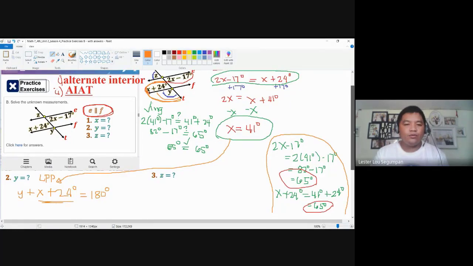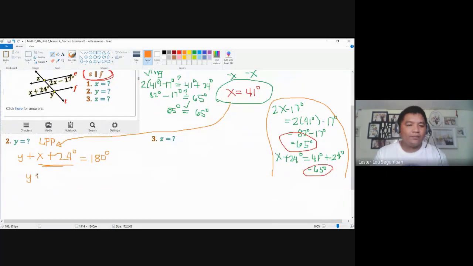So if we're going to do that, we only have y plus 65 degrees is equal to 180 degrees. Now we are left with one variable and just simply apply the subtraction property of equality here, minus 65 degrees. We will end up with the value for y to be 115 degrees.